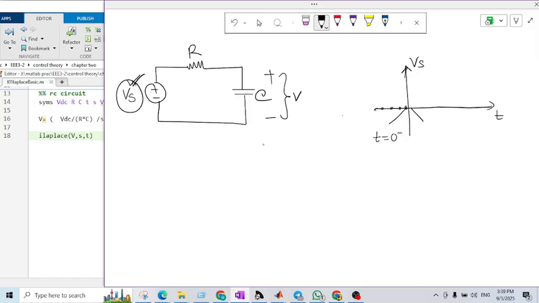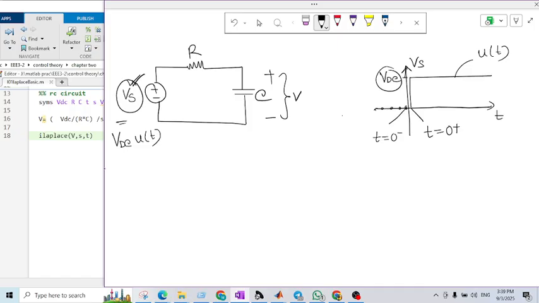But when the time is 0 plus, that means close to 0 but greater than 0, we have applied a DC source here. The voltage of the source is equal to VDC, and you see this graph looks like a step function u(t), and the weight of that u is equal to VDC. So we can write this Vs is equal to VDC u(t).